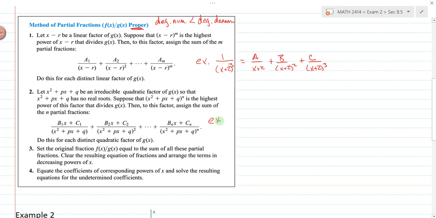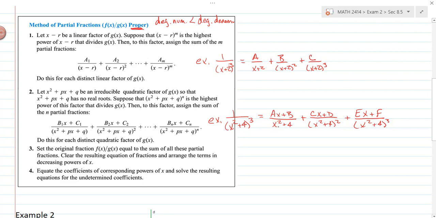So this means that if we had something like 1 over x squared plus 4, because the sum of two squares doesn't factor any further, I would expand this into ax plus b over x squared plus 4 plus cx plus d over x squared plus 4 squared plus ex plus f over x squared plus 4 cubed.